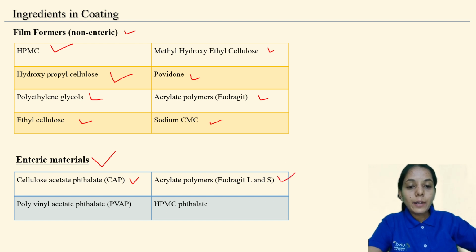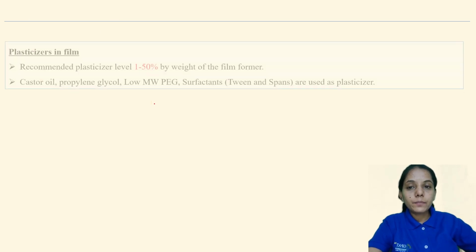Next is acrylate polymers, Eudragit L and Eudragit S. PVAP, polyvinyl acetate phthalate, and HPMC phthalate. So these are the different ingredients used in the process of coating, film formers and the enteric ones. So remember the examples which are non-enteric and which are enteric.